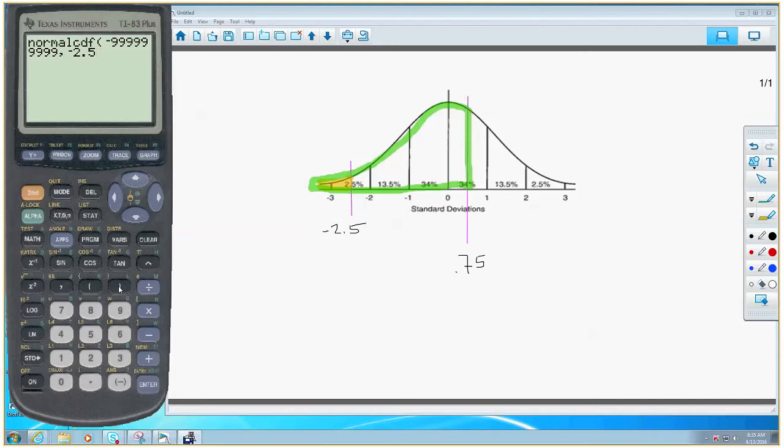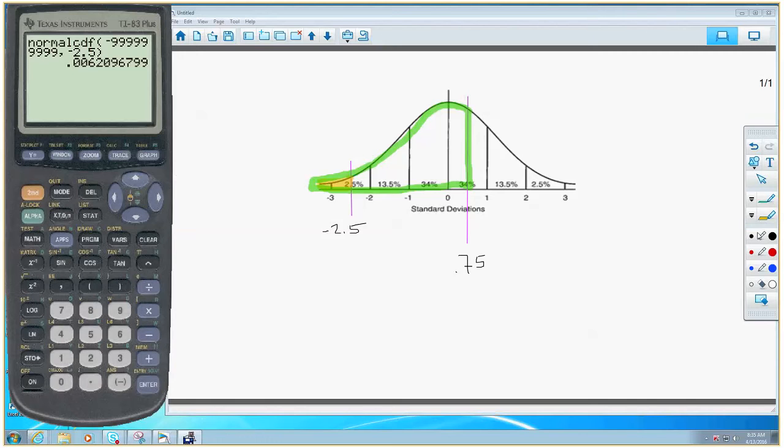Close parentheses. That gives us 0.0062. As far as the 9s go, you probably want to stay at 3 or more digits, not go below 3 digits, like 99.